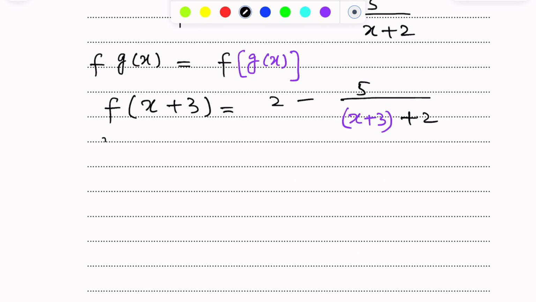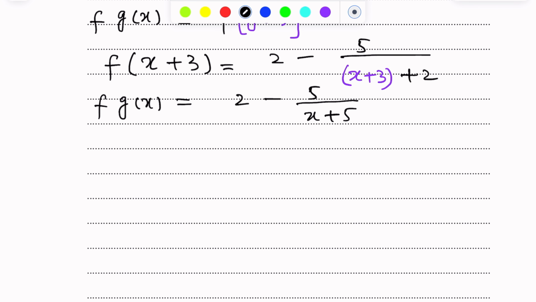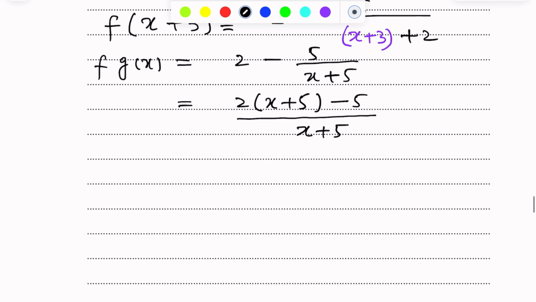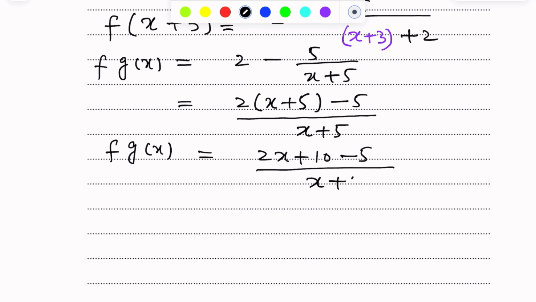Simplifying it, we get fg(x) = 2 - 5/(x + 5). By the LCM process, (2(x + 5) - 5)/(x + 5). Further simplifying, fg(x) = (2x + 10 - 5)/(x + 5).